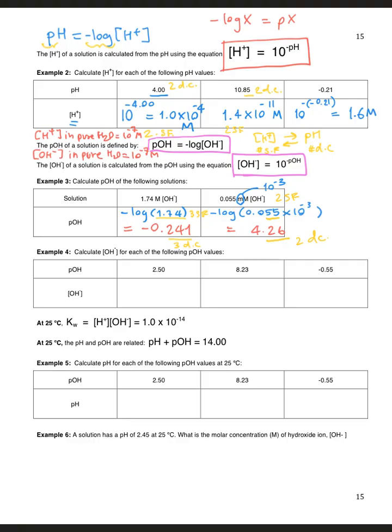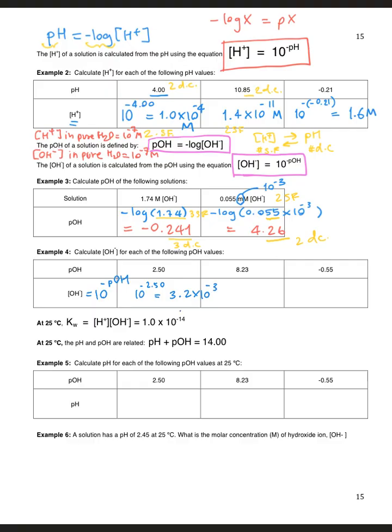Okay. Now let's take a look at example 4. In example 4, we are going to do the reverse process. The concentration of hydroxide ion equals 10 to negative pOH. So if you do 10 to negative 2.50, the concentration of the hydroxide ions for this pOH would equal 3.2 times 10 to negative 3.